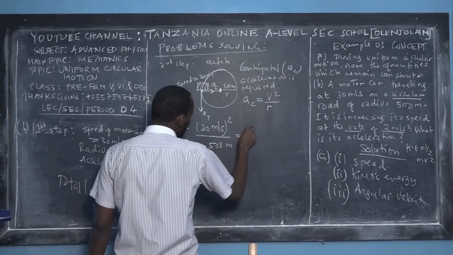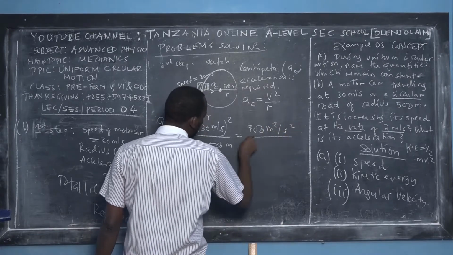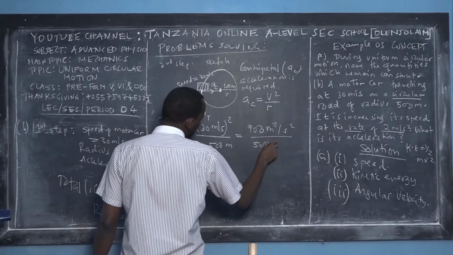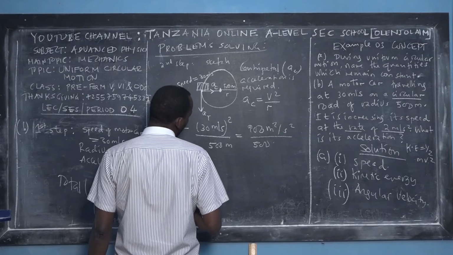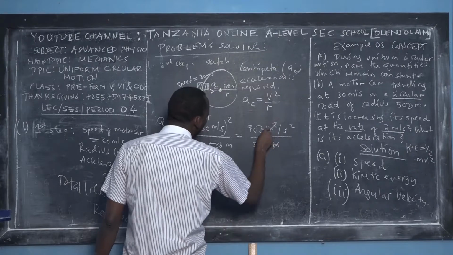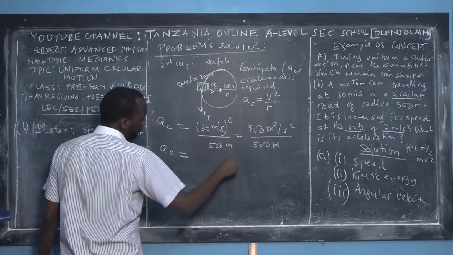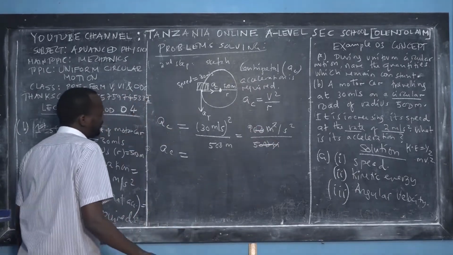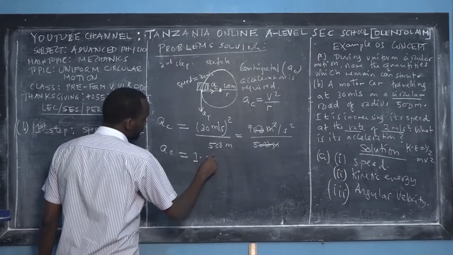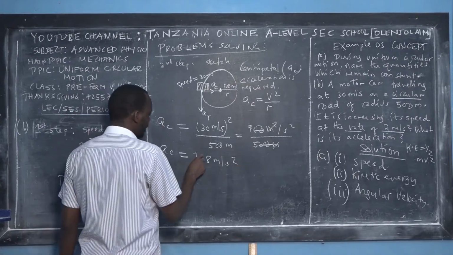So the answer is equal to 900 meter square per second square over 500. You cancel the zeros, 9 over 5, which is 1.8 meters per second square. So this is the centripetal acceleration.